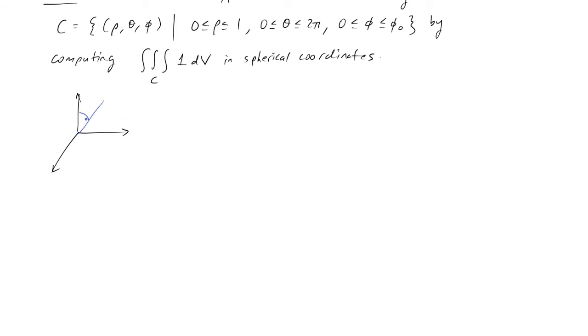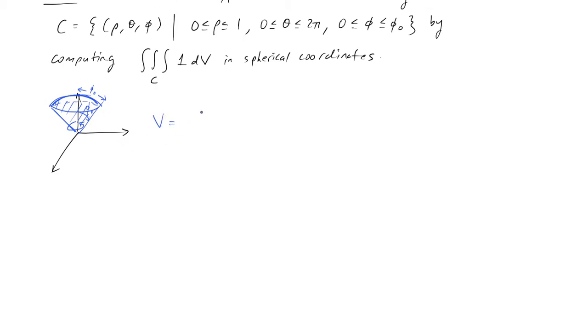So phi is between 0 and some phi naught. Theta is between 0 and 2 pi, so that's all the way around. And rho is between 0 and 1, so we'll call this radius 1 here. And we get this cone like that. Okay, so that's our cone. And once again, this angle here is phi naught. That's a parameter.